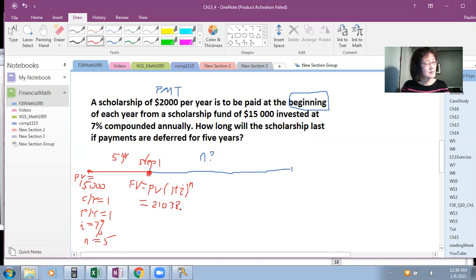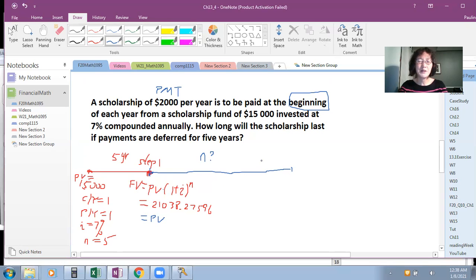So this is the future value after 5 years. Once you have this future value, it serves as the present value of the annuity. And then you apply the formula.